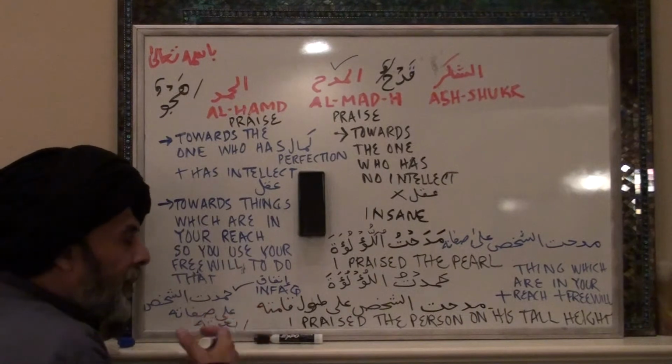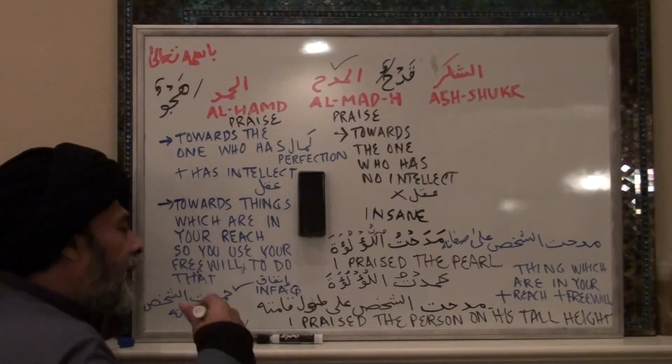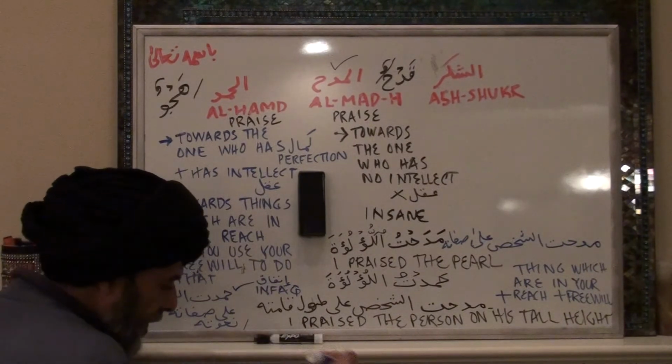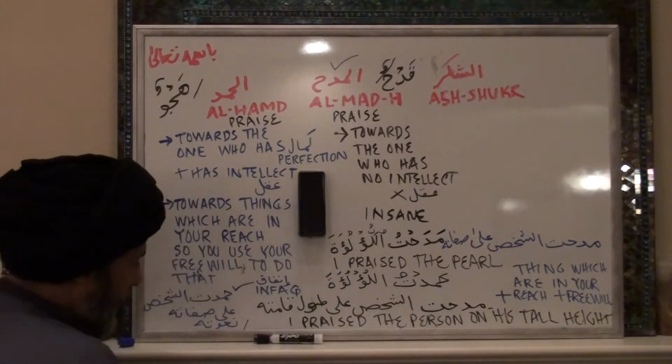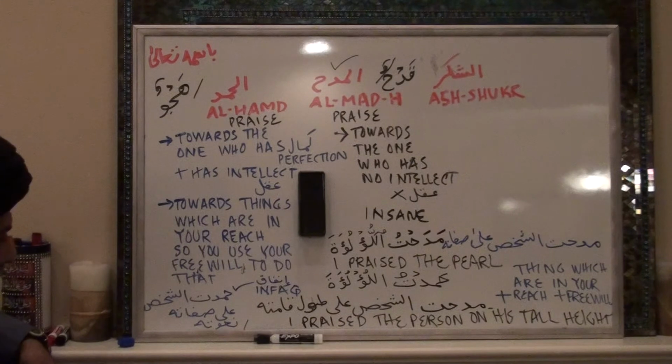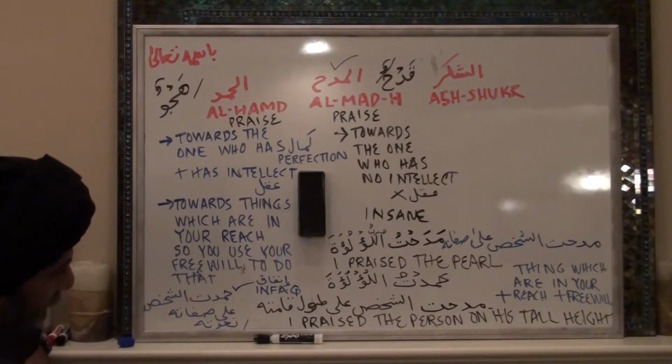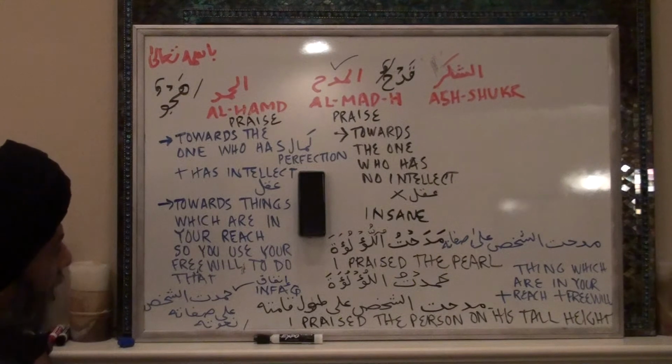For example, I praise that person on his giving and on his spending, the way he gave for the sake of Allah, all those various spendings for the sake of Allah. This is infaq, which is not just for money. Infaq is not restricted to monetary things in Islam. Everything has an infaq. So I praise the person on his giving, infaq.